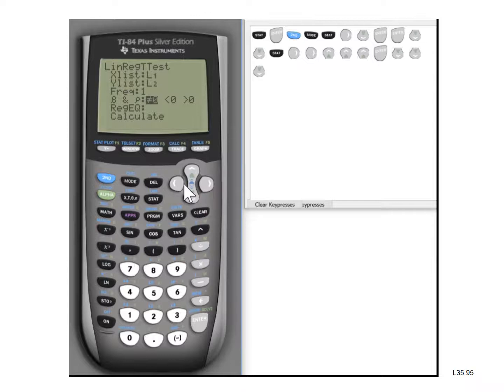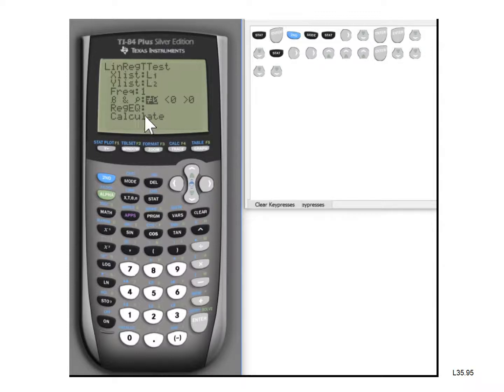Now, the next is the alternate hypothesis. Generally, this is going to simply be not equal to. Either there is a relationship between the two variables or there is not. If you want to do a one-tailed test, you can do that too, but we're going to do the two-tailed test here. Now, the next thing here is the regression equation. You don't have to put anything in here if you don't want to.